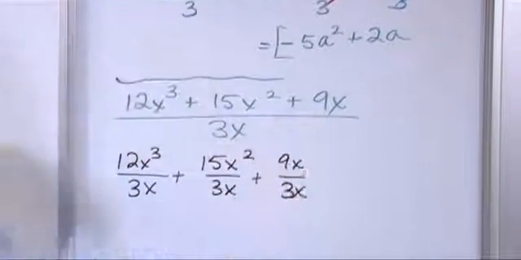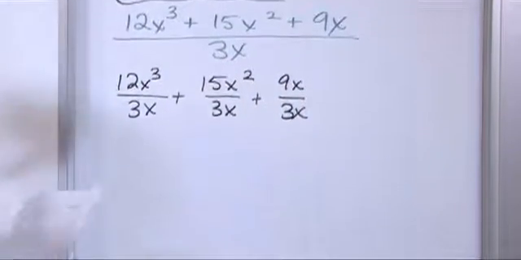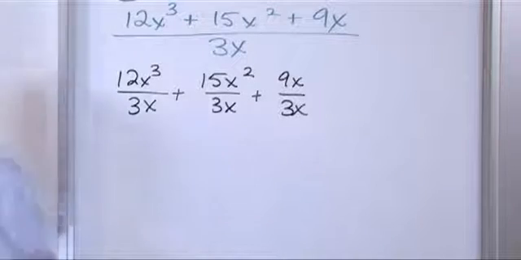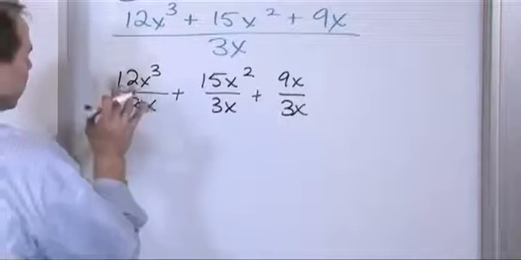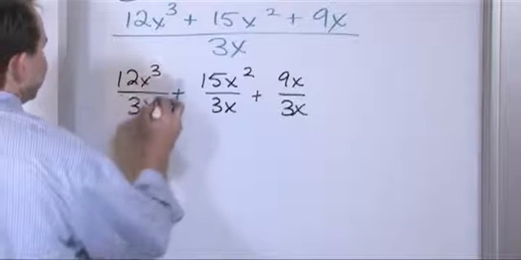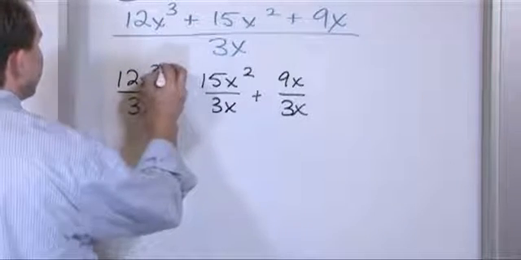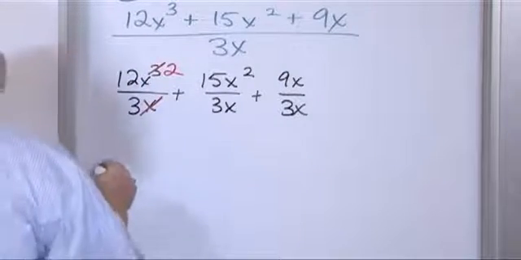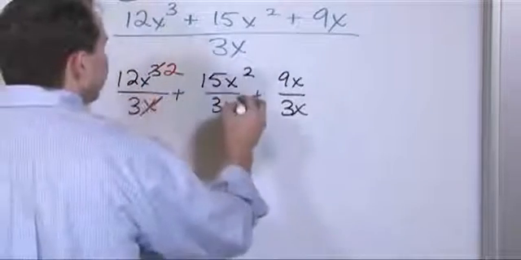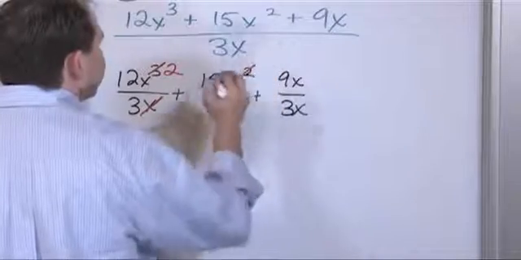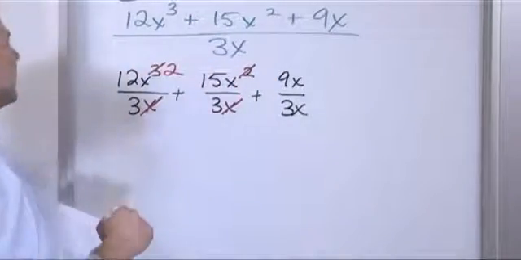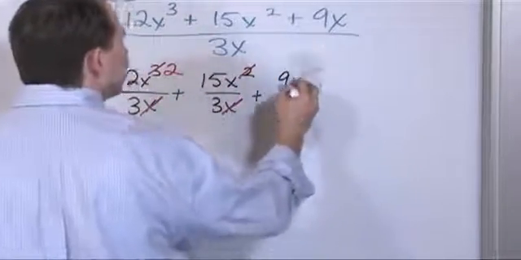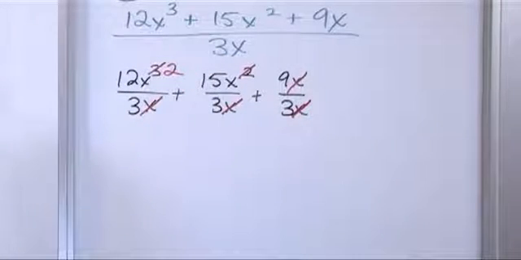So you split it up in exactly the same pattern, and then you focus on each term individually. Here, look carefully. I have x and x cubed, so I'm going to cancel one x with one of these x's, leaving x squared behind. Okay, let's move on to the next one. I'm going to cancel one of these x's with one of these guys, leaving just simply x behind. And I'm going to cancel this x with this x. That's going to leave no x's behind.